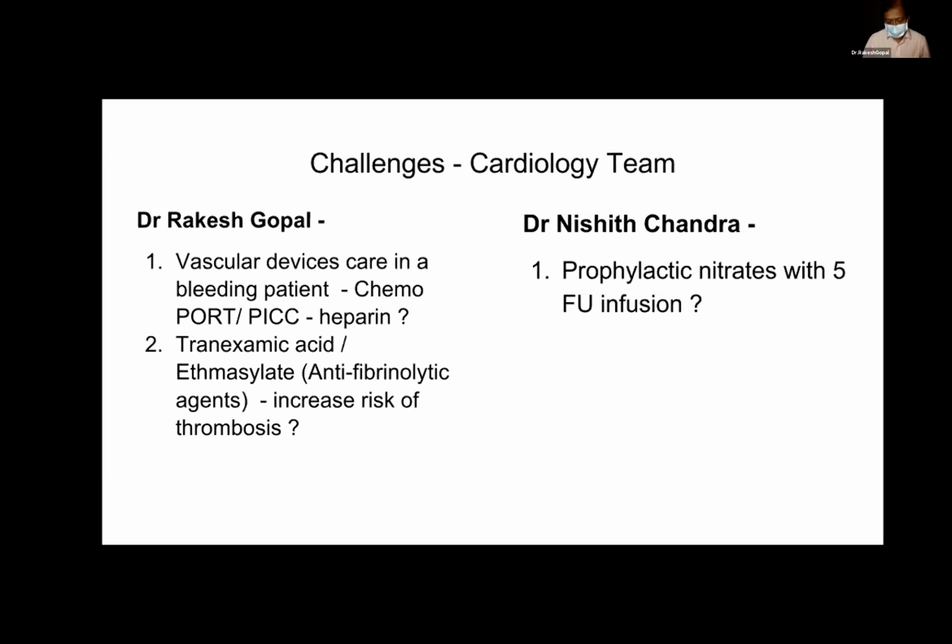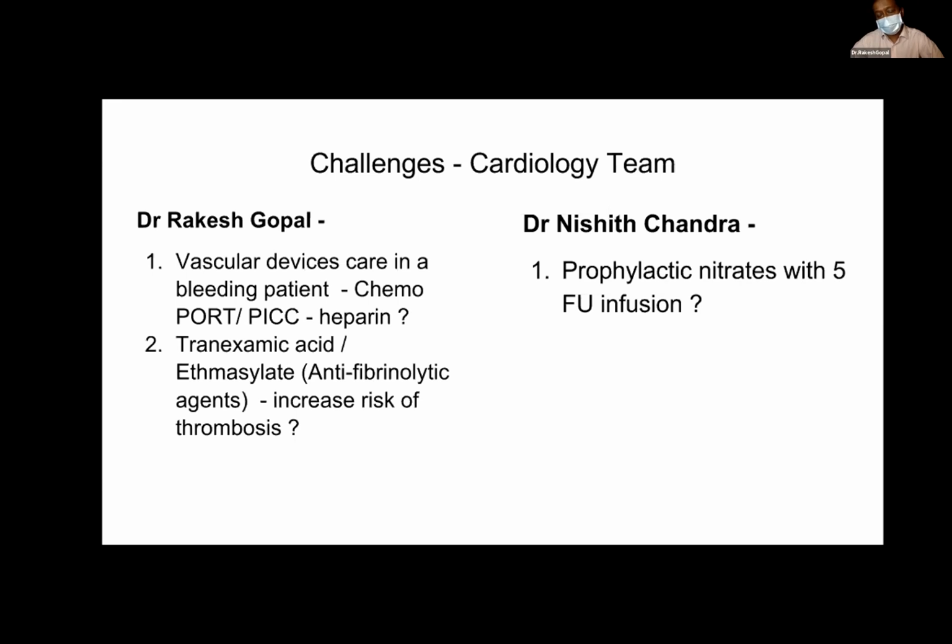There is no evidence that a prophylactic nitrate infusion should be given along with the 5FU. But practically we give aspirin 75 milligrams plus rosuvastatin 20 milligrams, and we also give calaptin, that is verapamil, as a prophylactic measure for everyone on 5FU infusion.